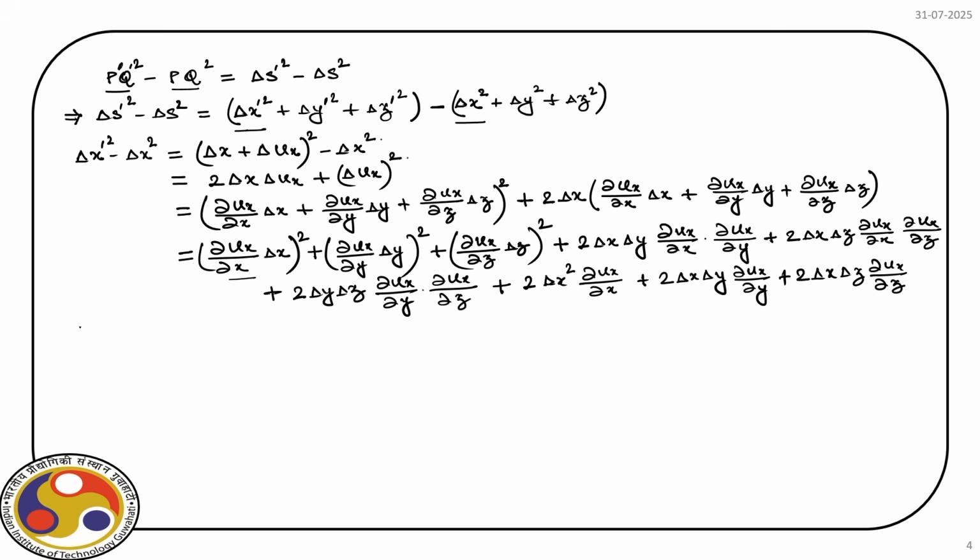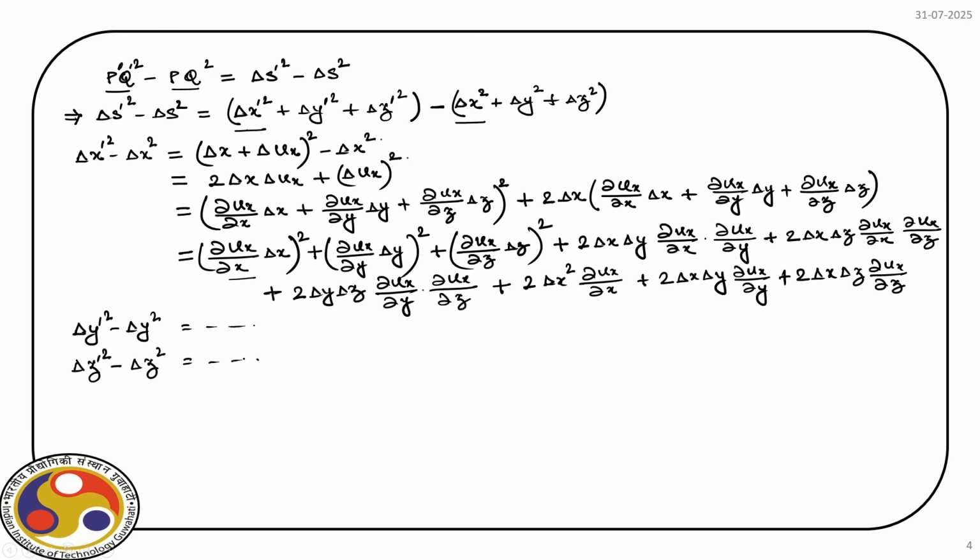Now, we can also similarly work out for delta y prime square minus delta y square, right. And then similarly, we can also complete the exercise for delta z prime square minus delta z square.